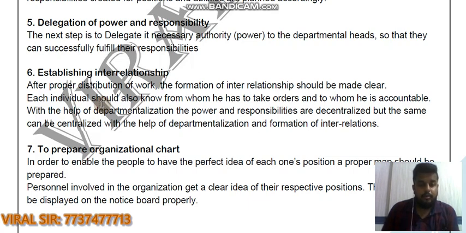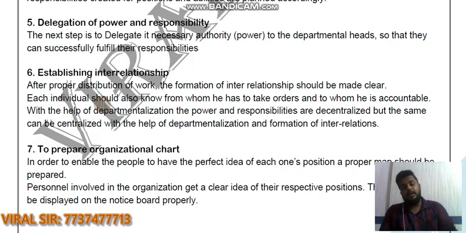Okay, from superior to subordinate. So the next step is to delegate, if necessary, authority, here meaning power, to the departmental heads so that they can successfully fulfill their responsibilities. In the previous point we talked about setting the department heads: purchase head, sales head, accounts head, production head. The next step is to give them authority so that they can fulfill their responsibility.